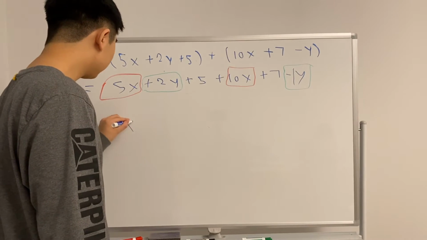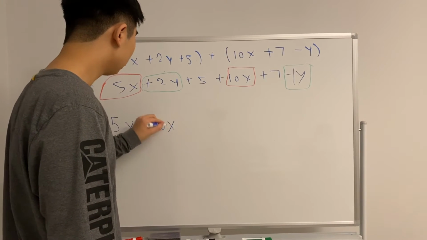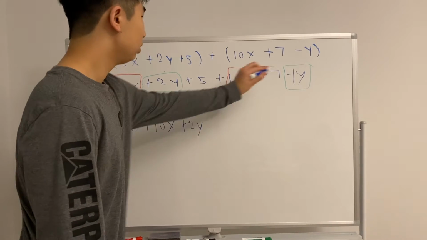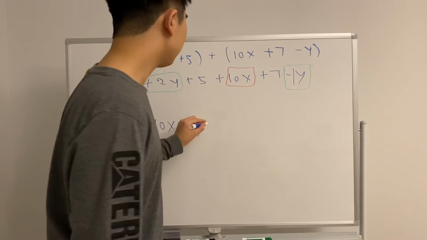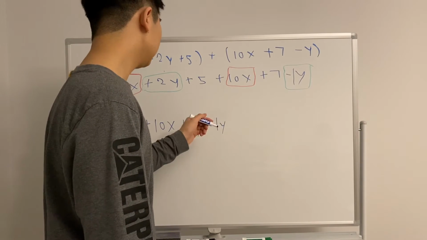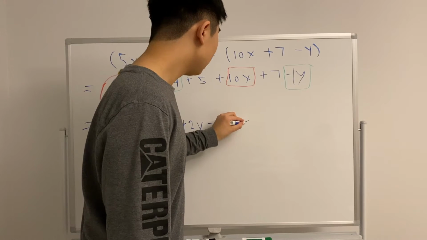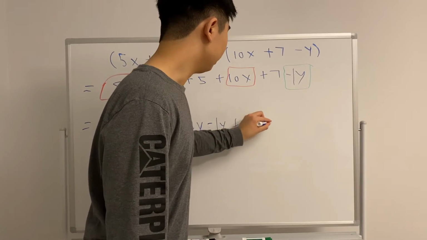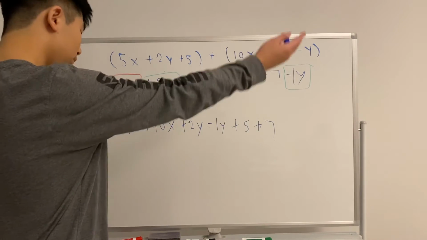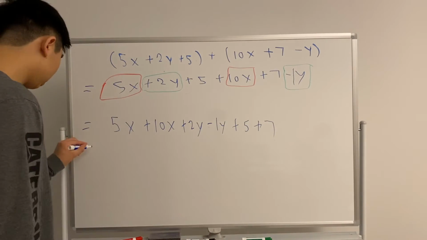So we have 5x plus 10x plus 2y minus y. I'll write minus 1y to make it clear, but typically you wouldn't do that on a test. You just write minus y plus 5 plus 7. Okay, and now we can just do our addition and subtraction with the like terms.